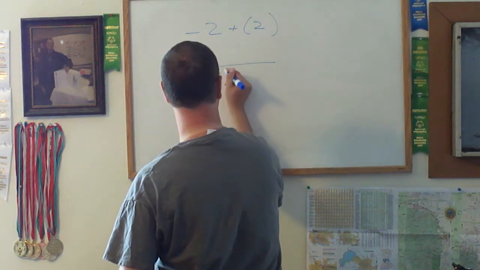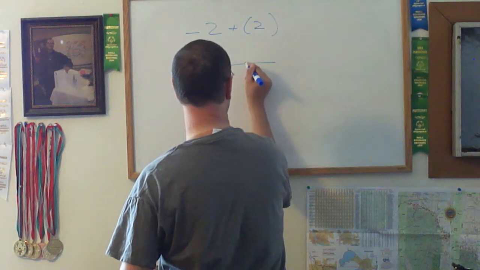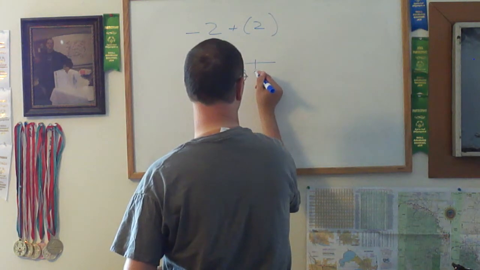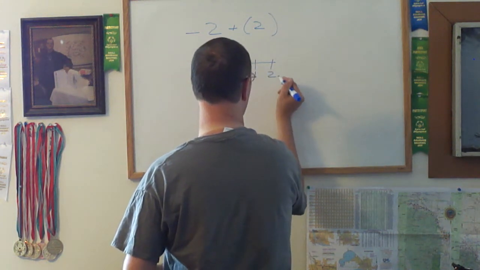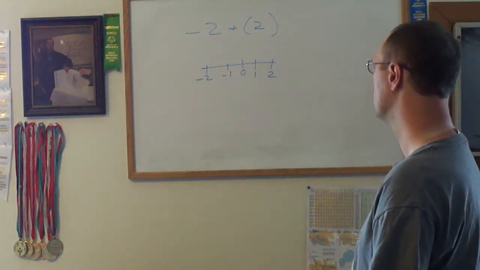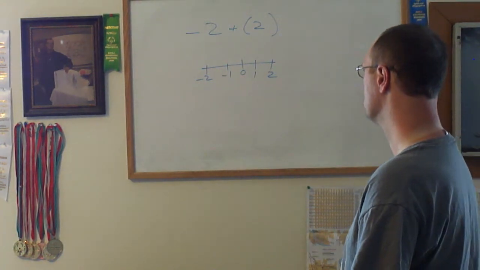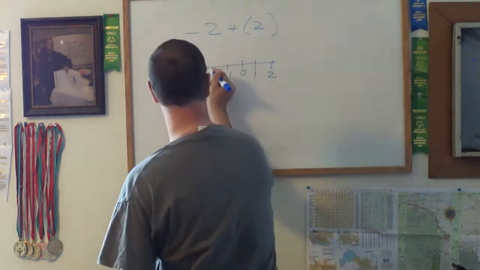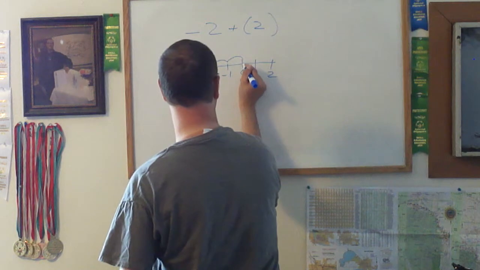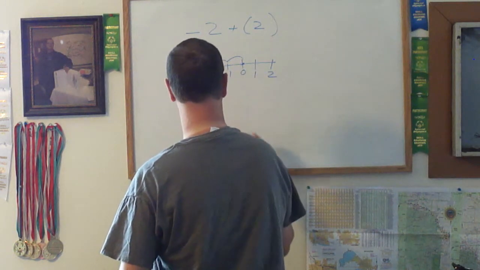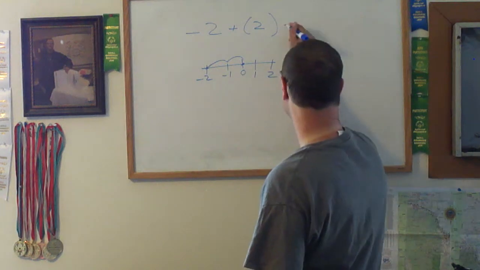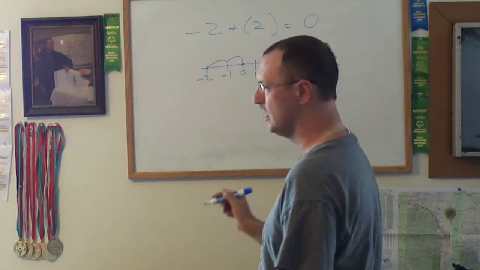There's negative 2, negative 1, 0, 1, 2. There's negative 2 right here. We go 1, 2, which equals 0.